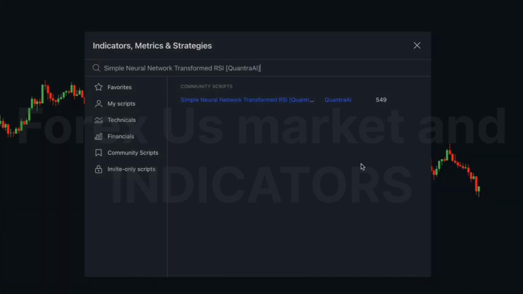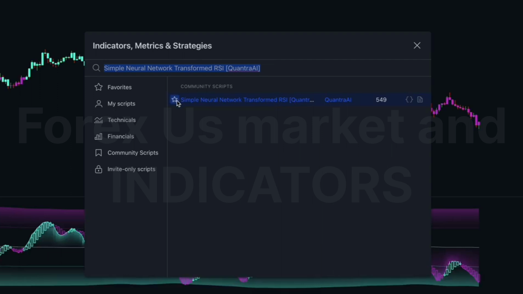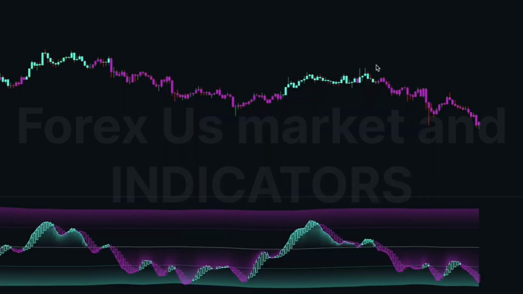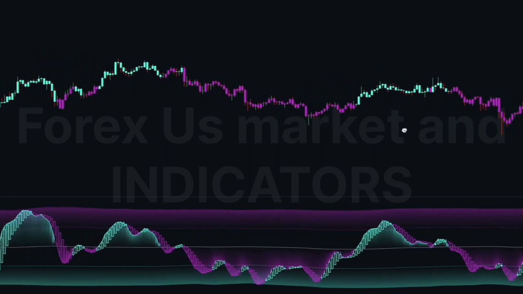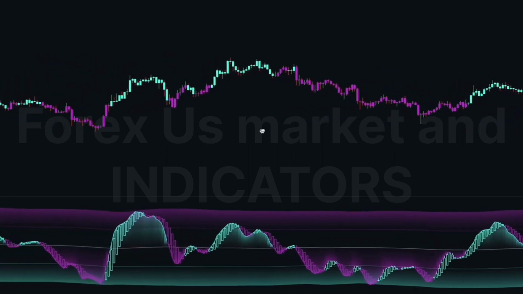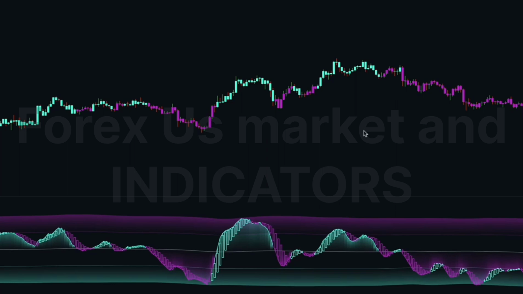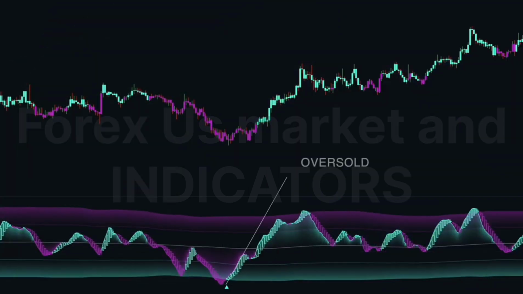Well, here it is. Introducing the Simple Neural Network Transformed RSI by Quantra AI. The Simple NNT RSI stands out as a powerful tool for traders who specialize in lower time frame trading. It is an innovative modification of the traditional RSI readings with simple neural network smoothing techniques. This unique combination results in fairly accurate signals, tailored to swift market movements.